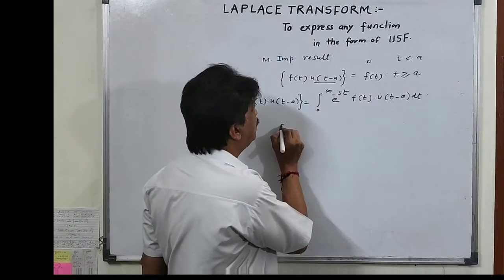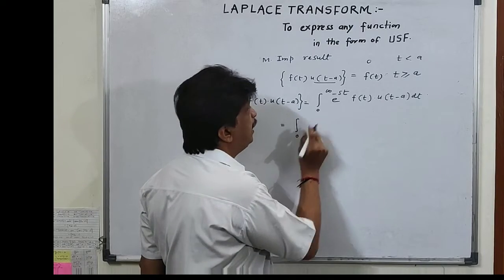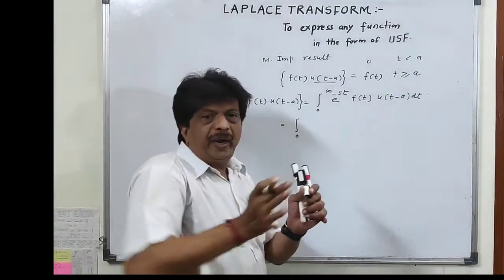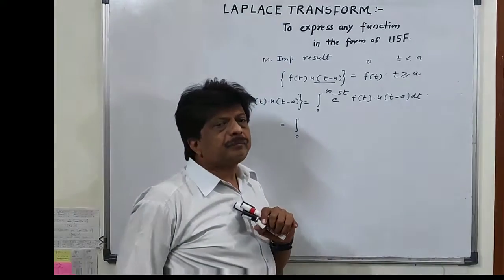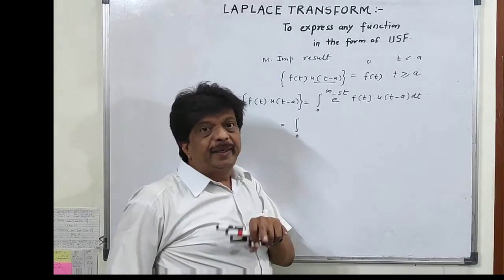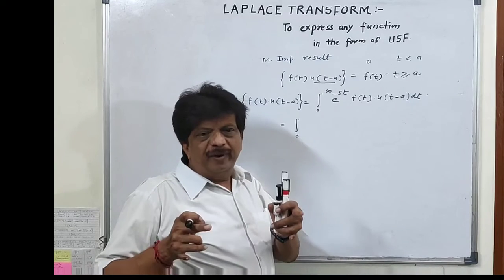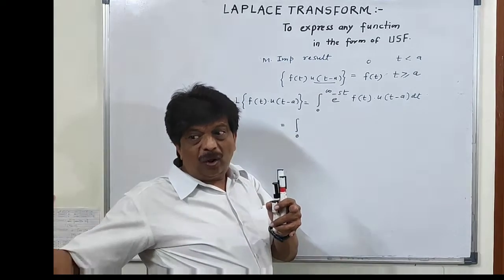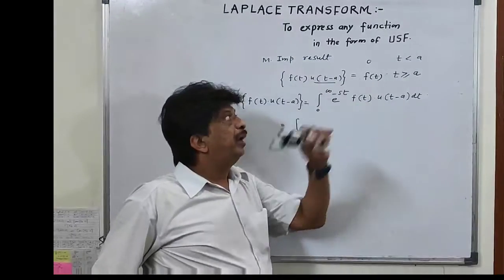This is equal to an integral. This function f of t into u of t minus a is defined in two bands, 0 to a and a to infinity. It is a multi-band function. From 0 to a its value is 0, and from t equal to a and onwards its value is f of t.